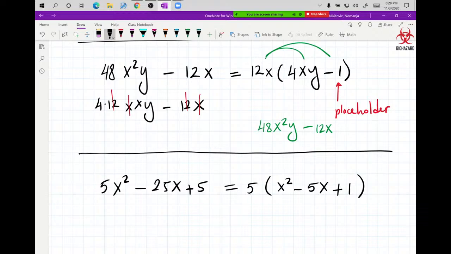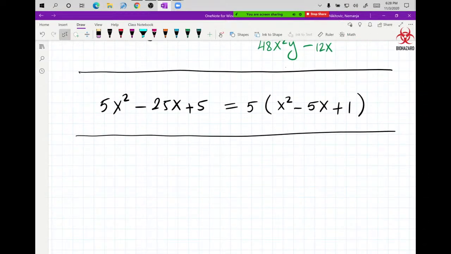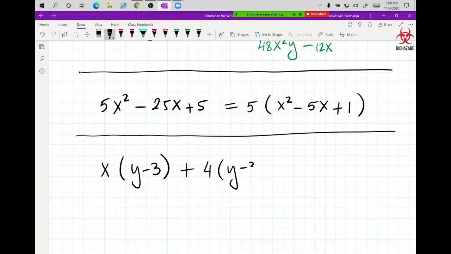All right, so now that you know all of this, I'm going to raise the stakes just one more time. This time we are going to have the entire expression factored out, which sets us up for our next part. And that is, if you have, let's say, x times (y minus 3) plus 4 times (y minus 3).